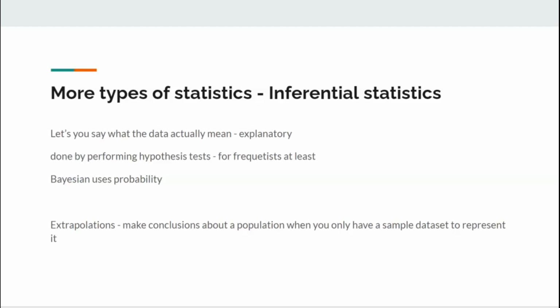And that really comes from the frequentist paradigm, whereas the Bayesian paradigm will use probabilistic measures of what inferences we can draw from the sample of data. And by inferences we mean, generally speaking, extrapolations, making conclusions about a population when we only have a limited data set that we've managed to perform the measurements on.